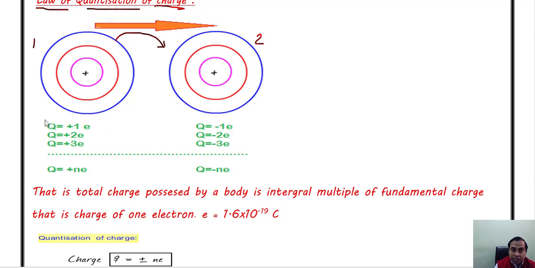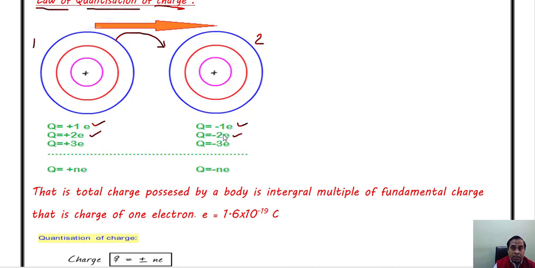So in case the first atom has given up one electron, it will develop plus one E charge. It has received one electron, so it will develop minus one E charge. It has given up two electrons, so it will develop plus 2E charge. It has received two electrons, so it will develop minus 2E charge.